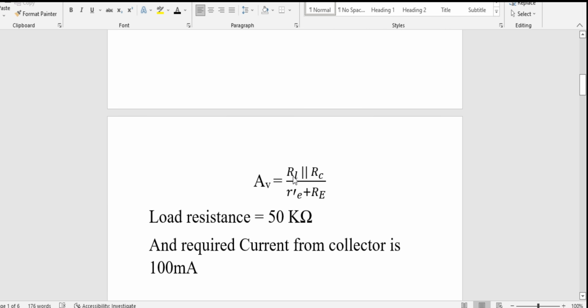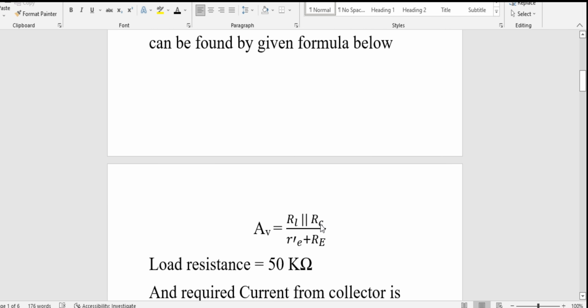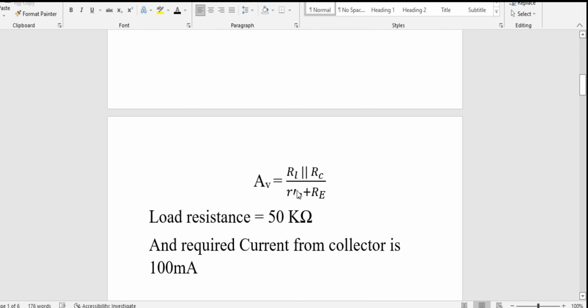RL is 50 kilo ohm, and RC we need to find, RE' and RE we need to find, and AV is given. Firstly I will find RE' and RE, so that we have only one variable in this whole equation, which will be RC, and we can easily find it through this formula.